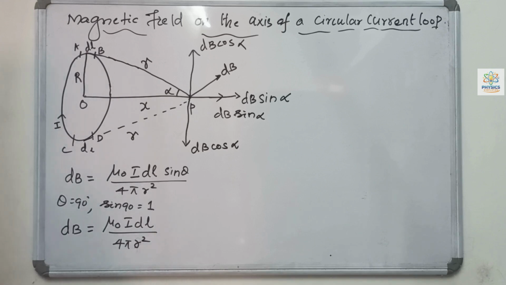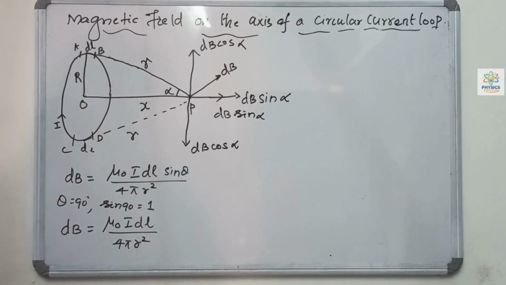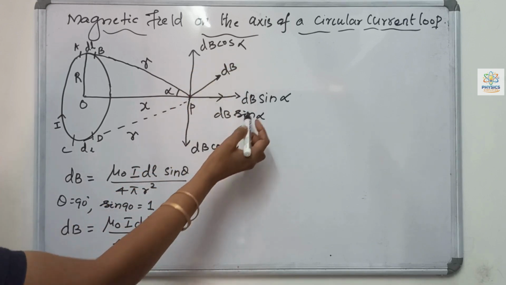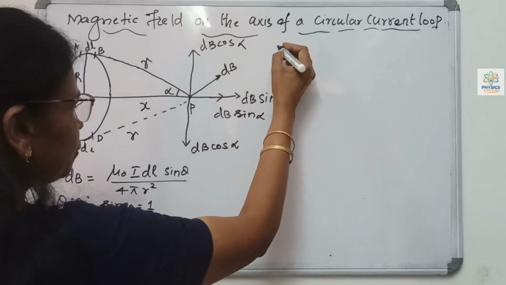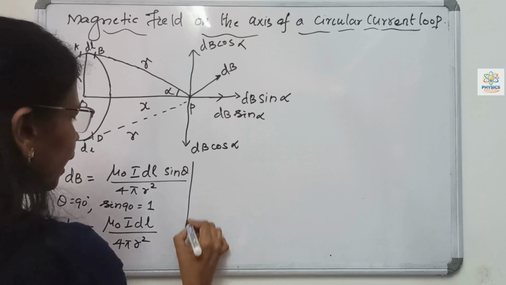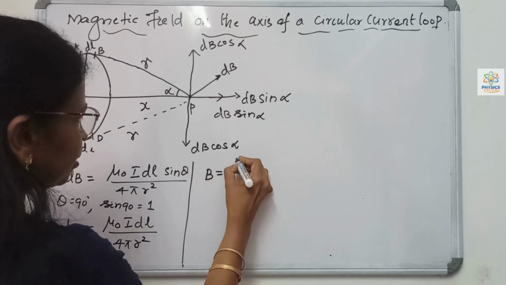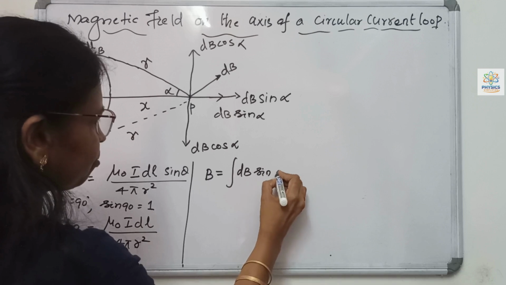So, if we calculate the entire magnetic field at the point P due to the current carrying loop, here the cos components cancel, only the sin components are there. So the total magnetic field at the point P is B is equal to integral dB sin alpha.